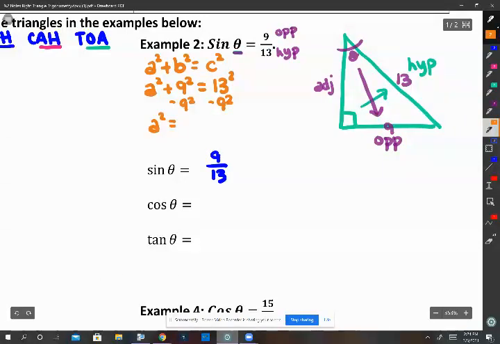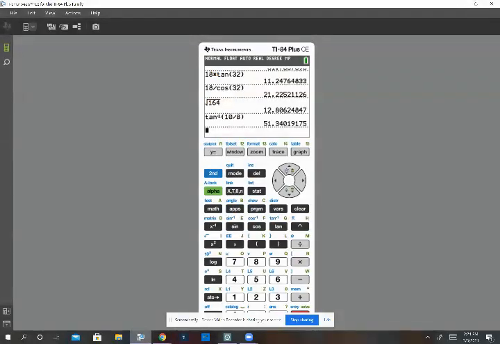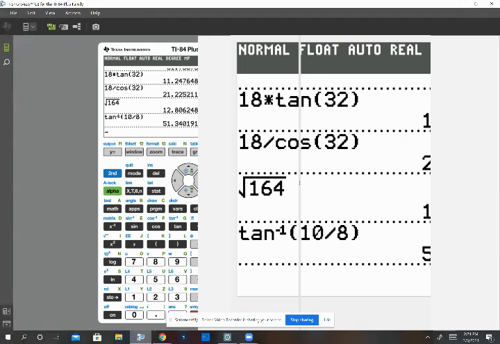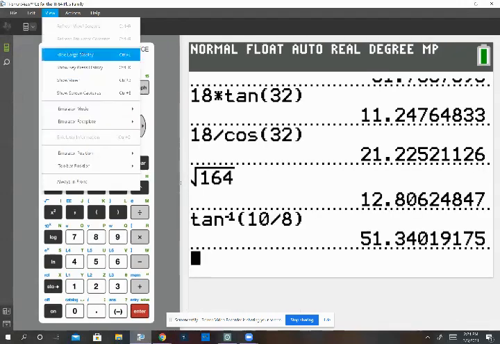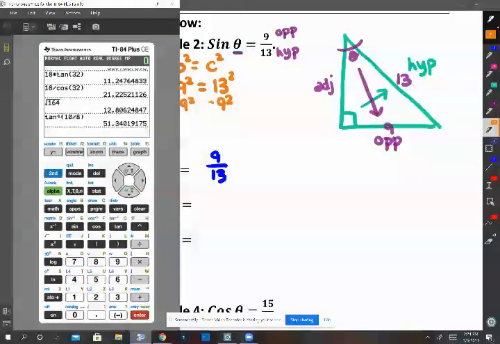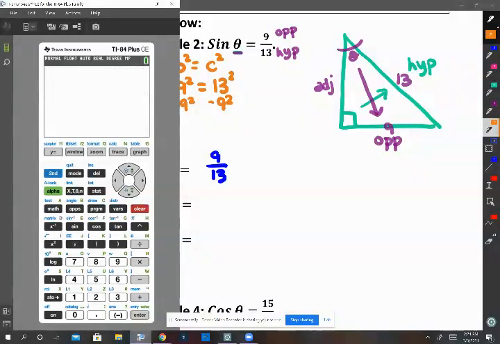And so in our calculator, let's make this smaller. Okay. So then from here, all we're going to do is figure out what that is. And so we're going to go 13 squared minus 9 squared. And notice we get 88.